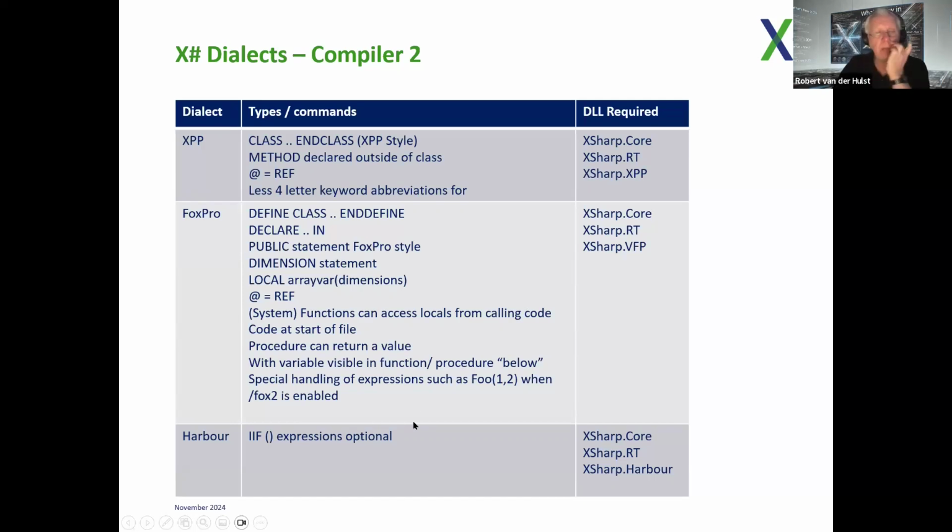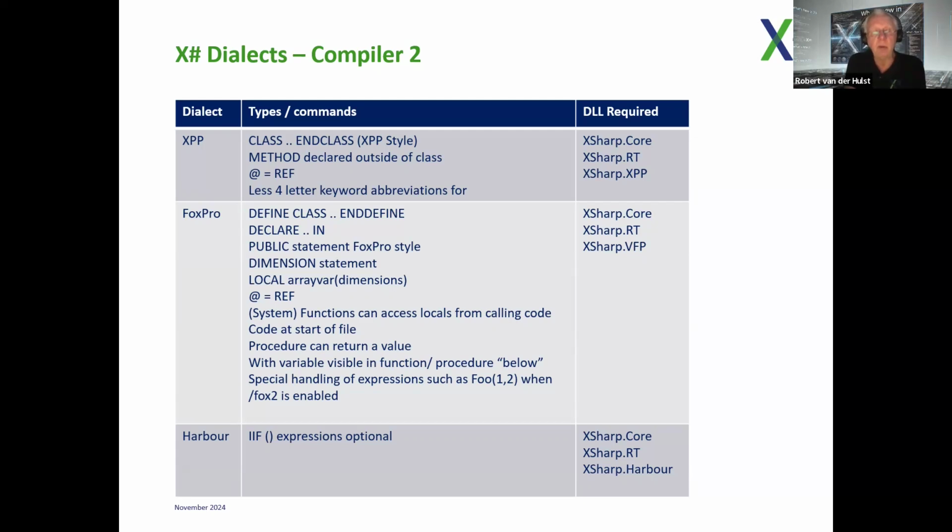Well, the last thing that I want to mention here is that the IIF values in Harbour are optional. So in Harbour you can have IIF and then a condition, comma, nothing, comma, the false value. This is not allowed in the other dialects. In the other dialects, both the true and the false expression must be there. If you enable Harbour, the compiler will generate a NIL for the expression that's omitted.